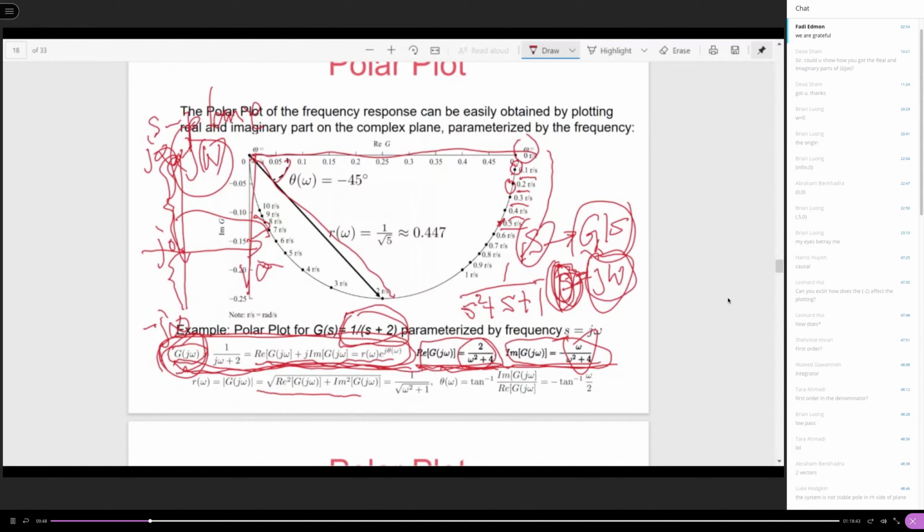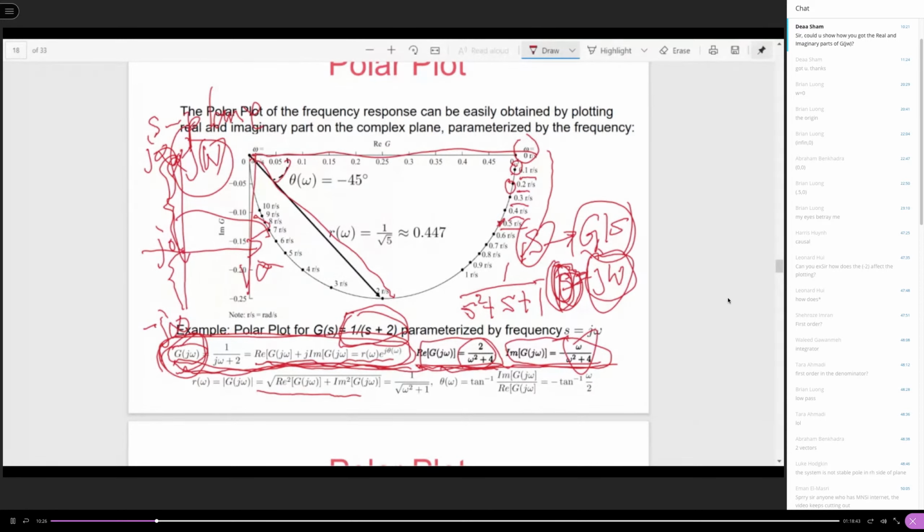You might get the impression, as I said many times, that omega in the physical world is always positive. Yes, it is true. For any physical system, the frequency has to be positive. There's no way you get a negative frequency. However, you're going to see that considering the negative frequency part, mathematically, gives us a very convenient way to characterize stability in the frequency domain, which is very useful for our control design.